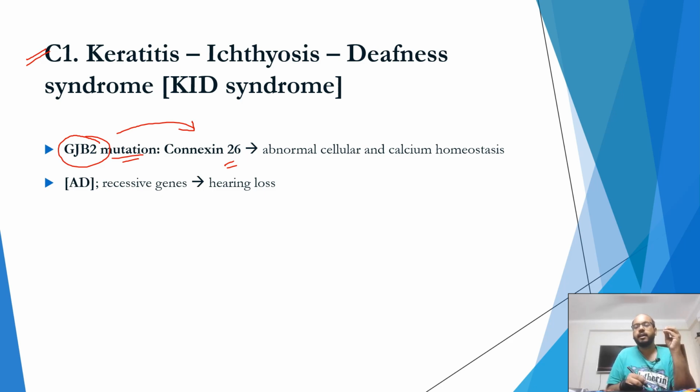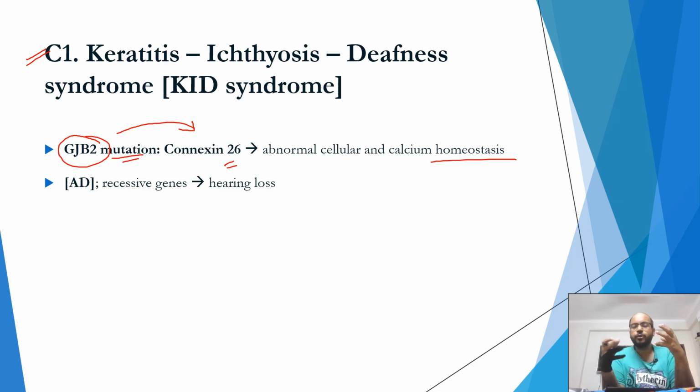Connexins are responsible for the construction of gap junctions, and they are very important for the transmission of signals between the cells. So if you have any mutation in connexin 26, these signals are not transmitted through the cells, and because of that, the cells are not able to maintain a good homeostasis.